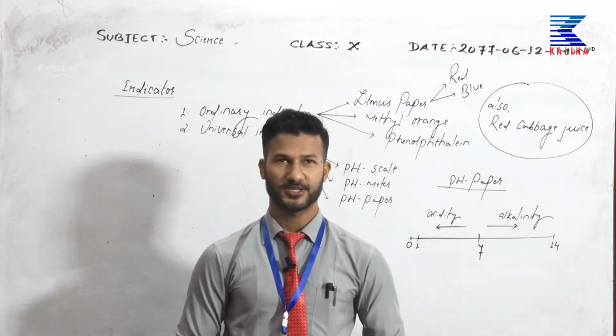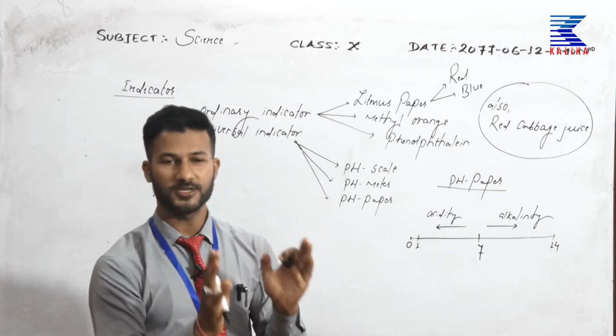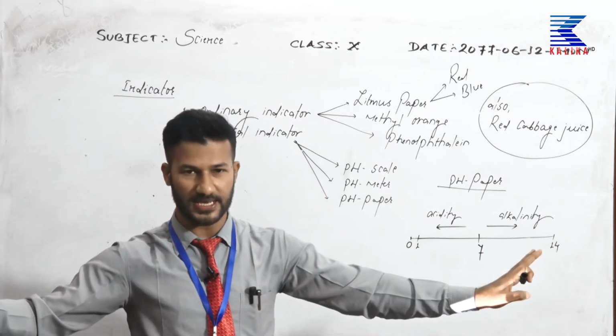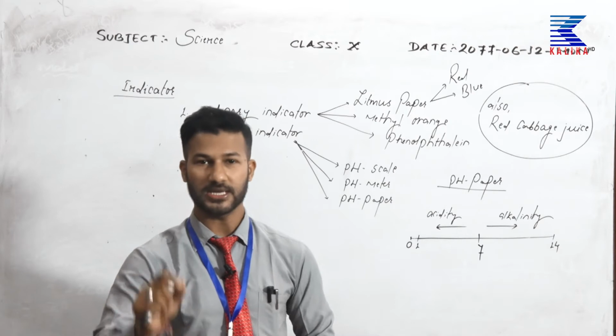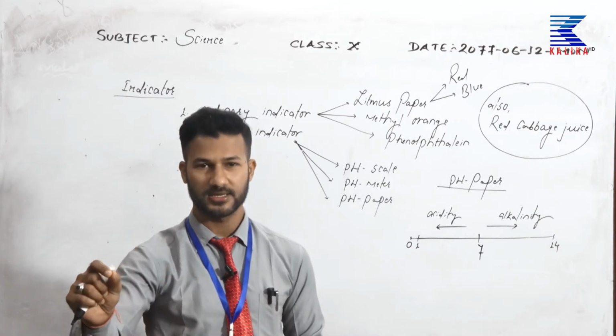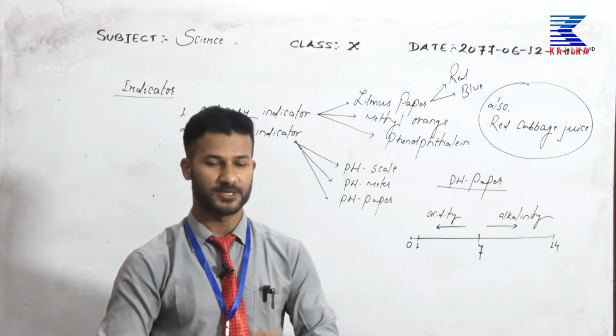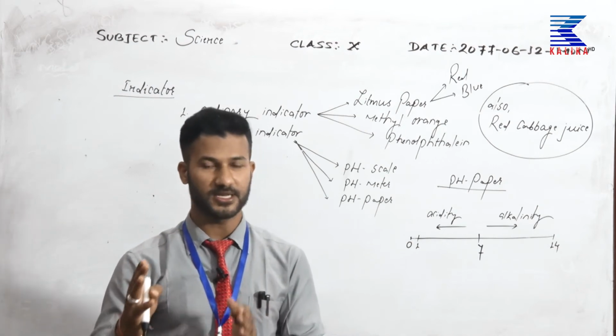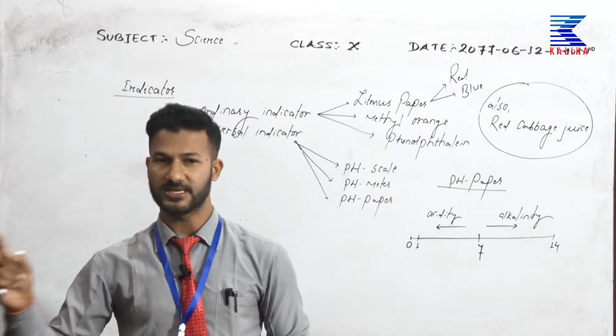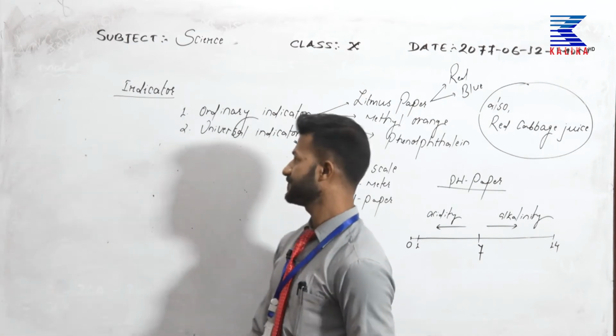Fine. So, if it is neutral, then no change with any indicators is found, but if it is acidic, similar changes to what acid brought are observed, and if it is basic in nature, then similar changes to what base brought are observed.